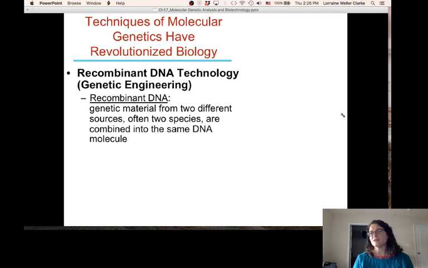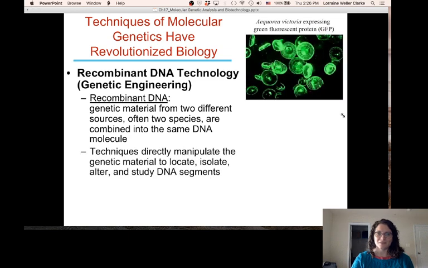This would be, I guess, human DNA to bacterial DNA. But we can use bacterial DNA also to fuse things into other organisms. So techniques directly manipulate the genetic material to locate, isolate, alter, and study DNA fragments.